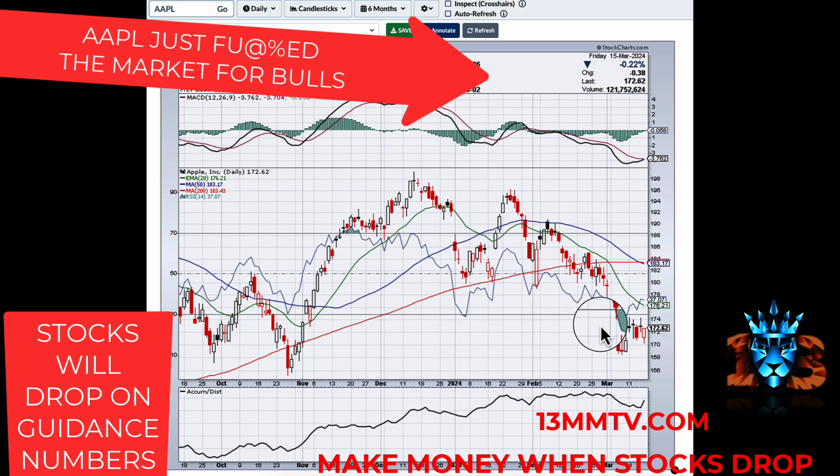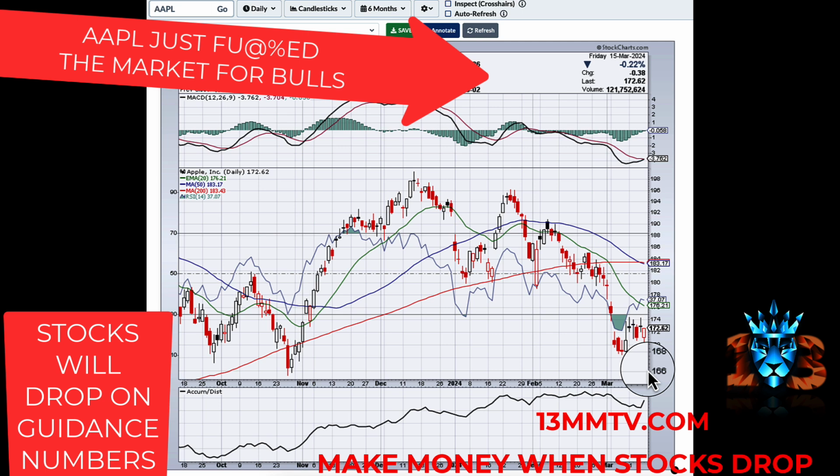Some of these head and shoulder patterns can go sideways, building out this shoulder a little bit more. So Apple could be going sideways for a little bit until it breaks this level.